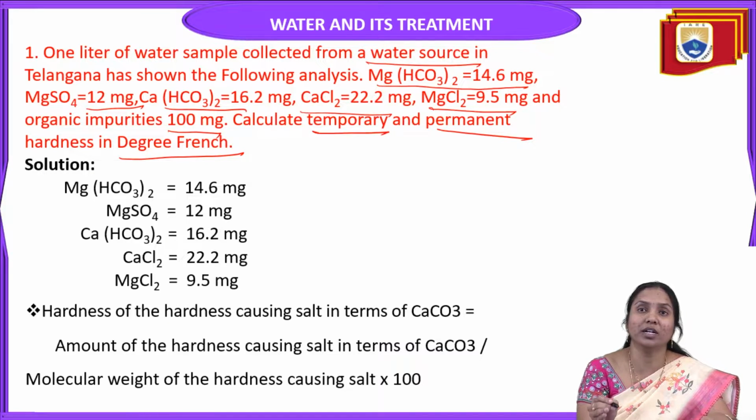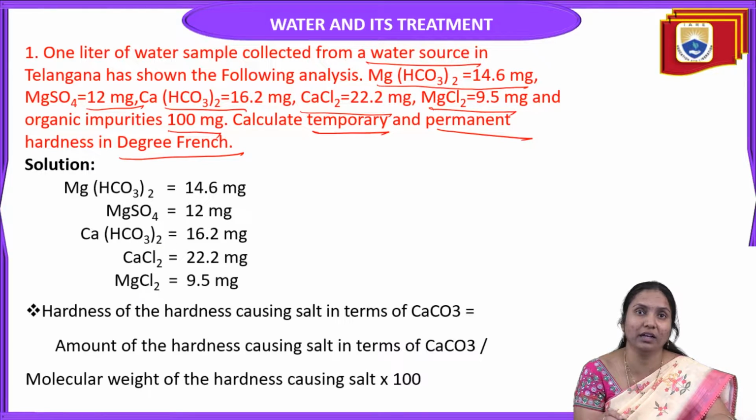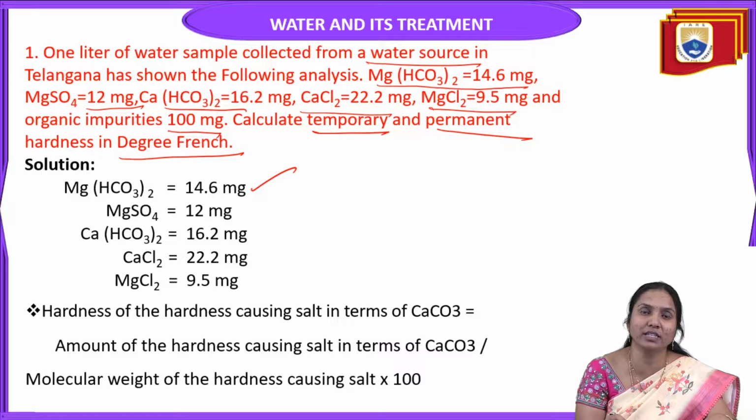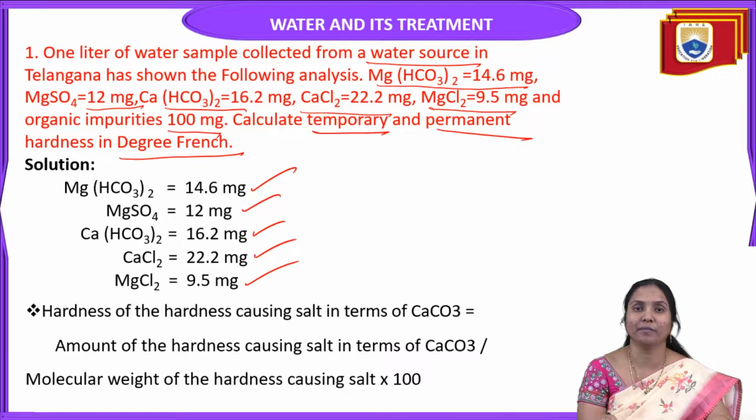So this 1 liter of water sample was collected from a water source in Telangana. It contains the following hardness causing salts: magnesium bicarbonate 14.6, magnesium sulfate 12 milligrams, calcium bicarbonate 16.2, calcium chloride 22.2 milligrams and magnesium chloride 9.5 milligrams.